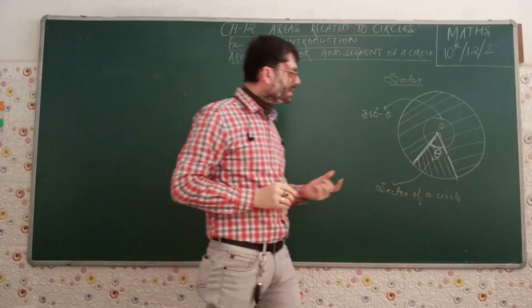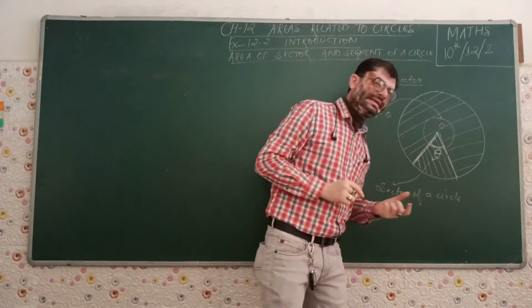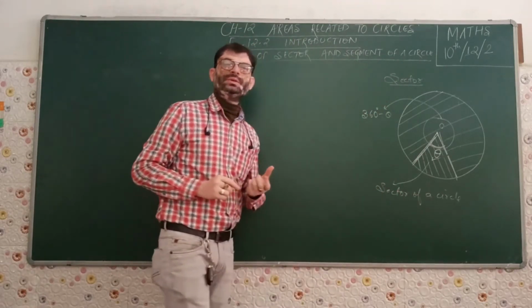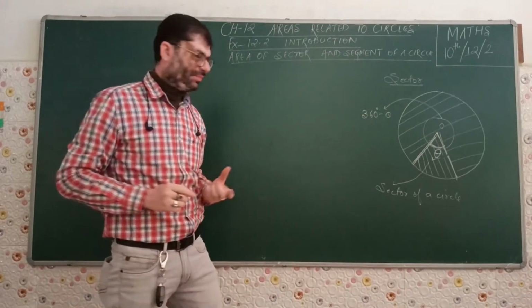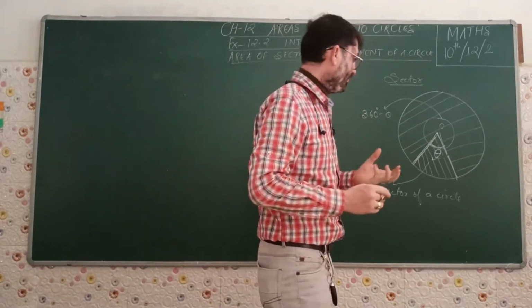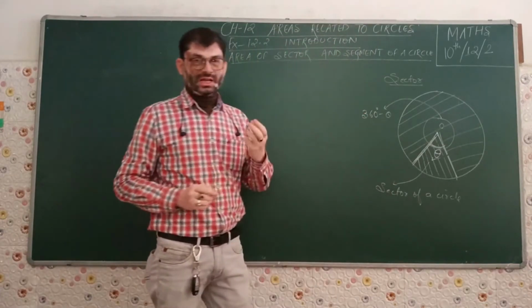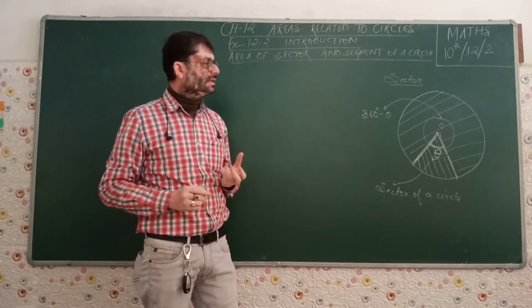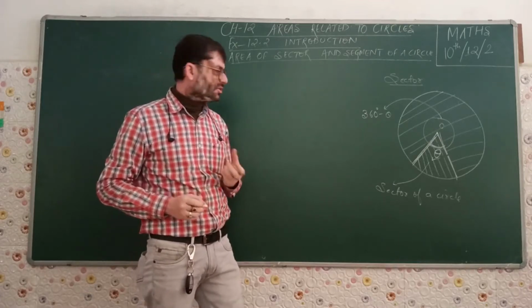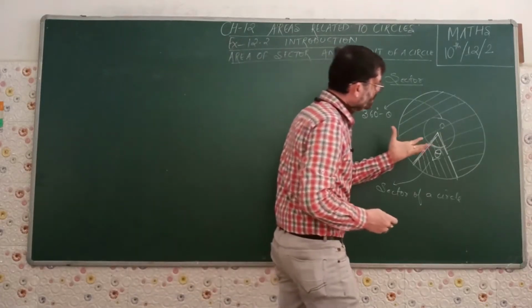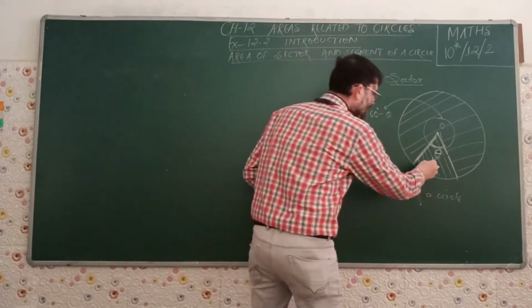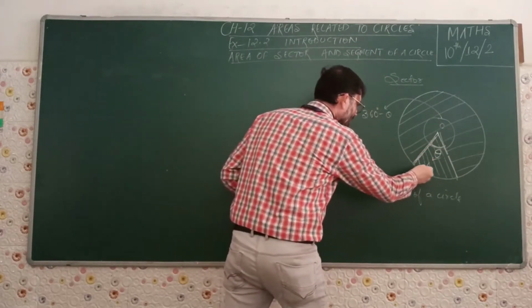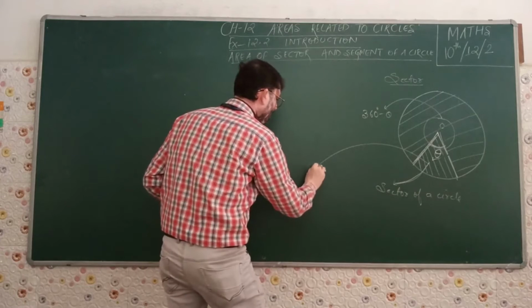If the value of theta is less than 180 degrees, we consider it to be a minor sector. Minor means smaller sector. And if theta is greater than 180 degrees, we consider it to be a major sector. So here, just by observing the shape, we can say that this part is our minor sector.